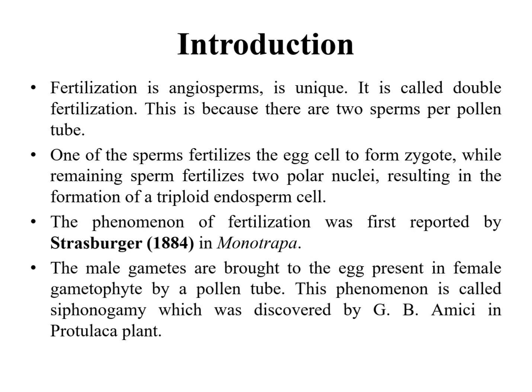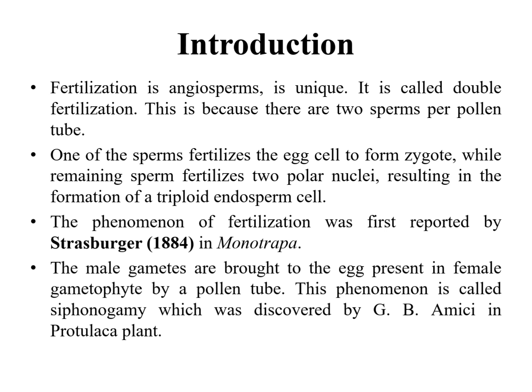So what is fertilization? It is unique to angiosperms and is called double fertilization because each pollen grain, after germination, produces two male gametes. One fuses with your egg, the other fuses with your polar nuclei.